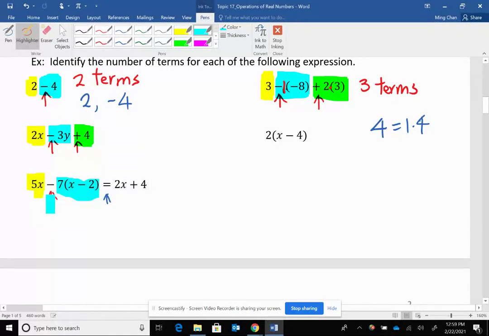This subtraction sign goes with the term that follows. So my first term is 5x. My second term is -7 times parenthesis x minus 2. On the right-hand side, there is 1 plus sign separating 2 terms. So 2x is 1 term, and the last term is positive 4.